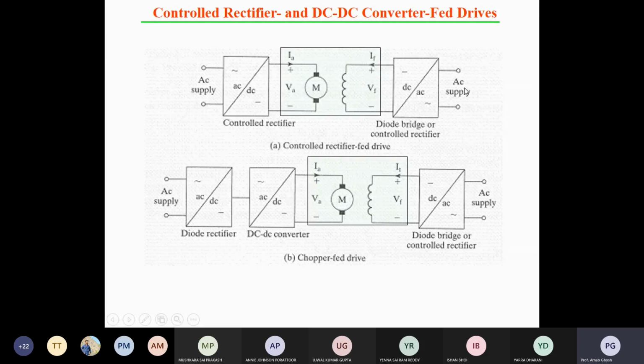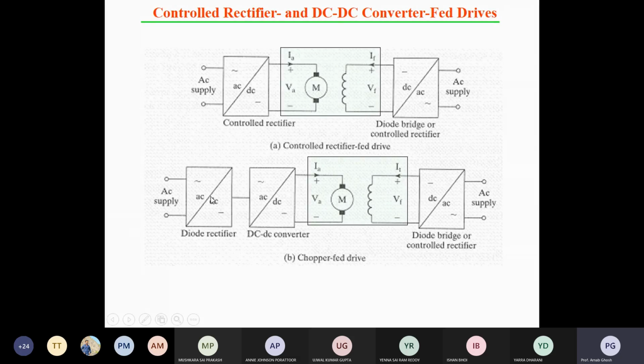Then here you can also use chopper fed drives. In the case of a chopper, the DC may be controlled. With the controlled rectifier, the DC is controlled only by changing the firing pulse. If we want to control the DC, we can directly use one diode rectifier: the AC supply is converted fully to DC, and then the DC power is controlled by using a DC converter.